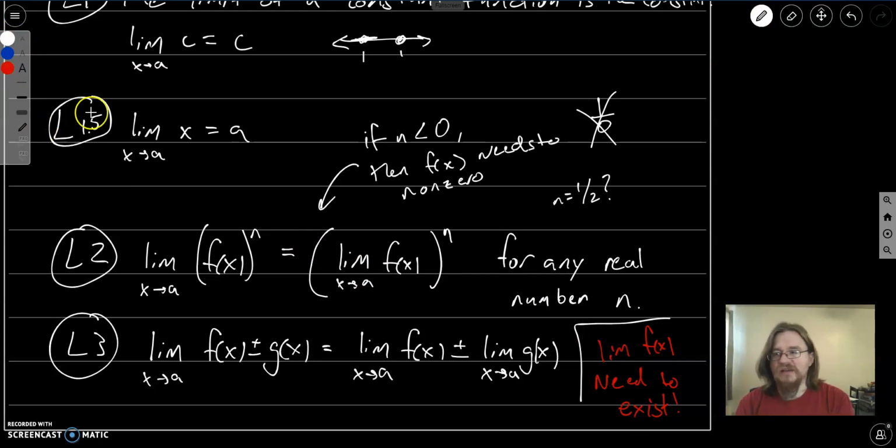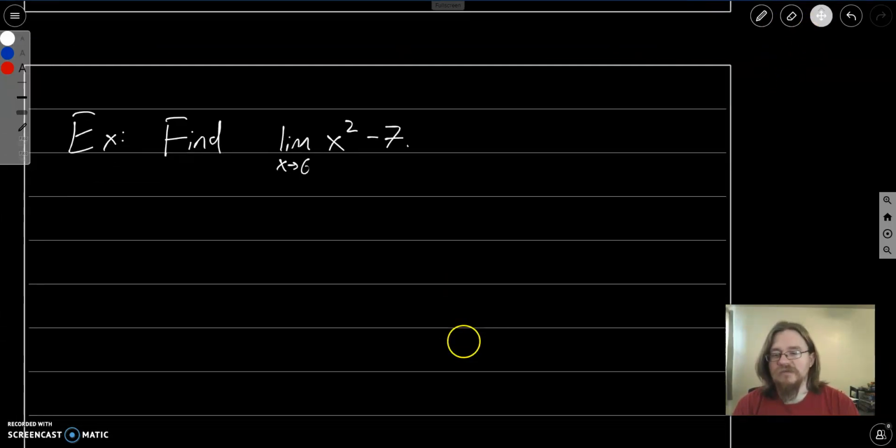So it's not as if I could take the limit of f of x to the nth power and just say, oh, this is just the entire limit raised to the nth power. If that limit doesn't exist in the first place, I can't take something that doesn't exist and raise it to the nth power. So it's good to keep this in the back of your mind, and I'll emphasize this in the next couple of examples.